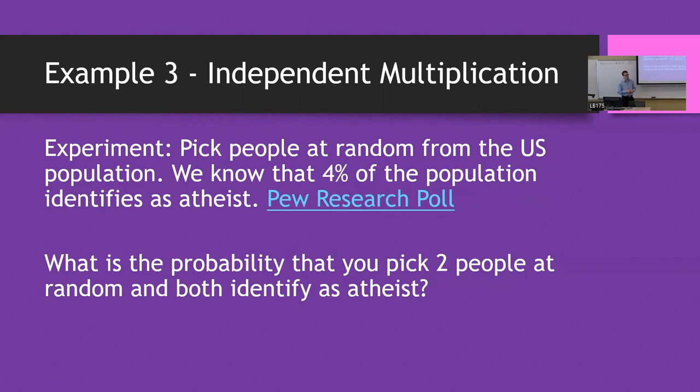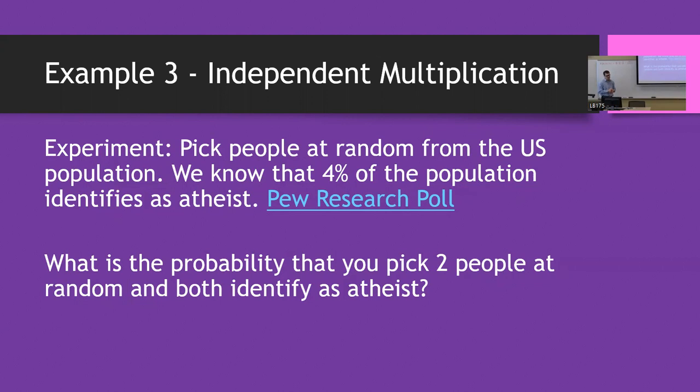So, for instance, in the United States, there's like 300 plus million people, maybe 350 million people, somewhere in there. And if you pick somebody out of that group, it's not going to change the probability of the next pick. So let me give you an example here.